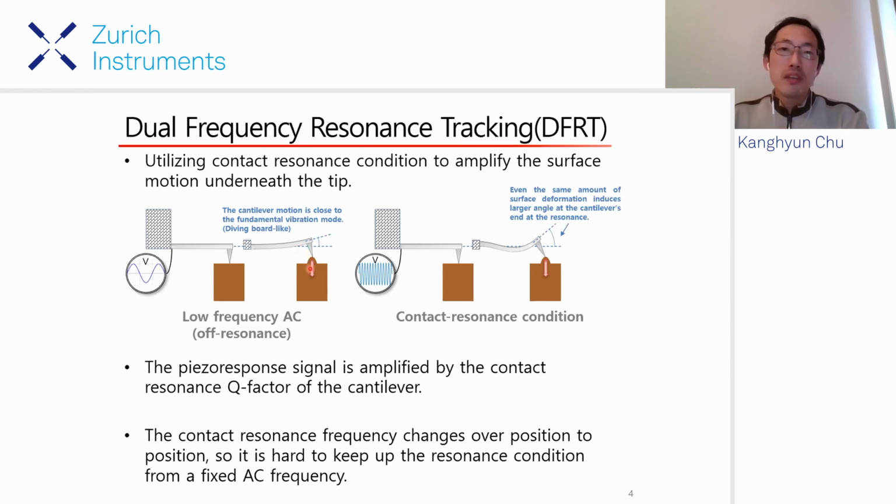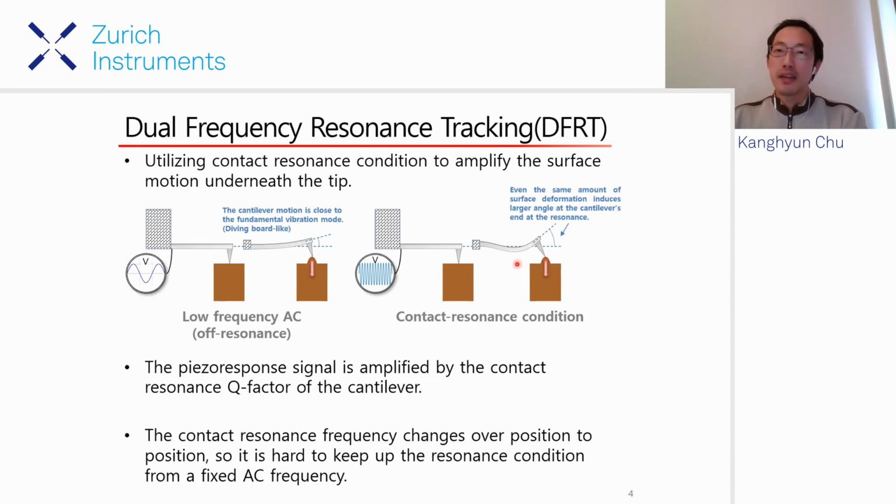But if we increase the frequency of the applied AC, then the dynamic characteristic of the cantilever kicks in. So not only just going up and down like a diving board, now there is a kind of buckling motion. As a result, the angle at the end of the cantilever is amplified because of the resonance motion.